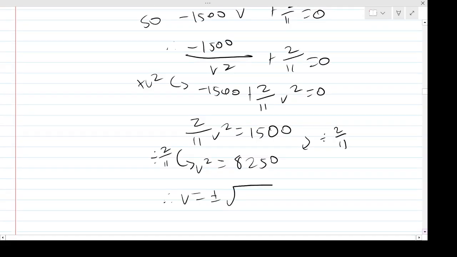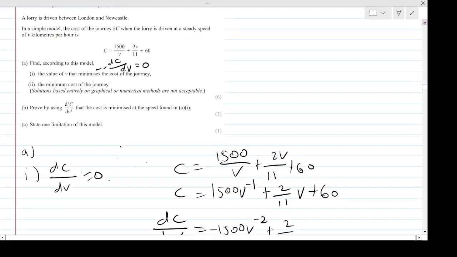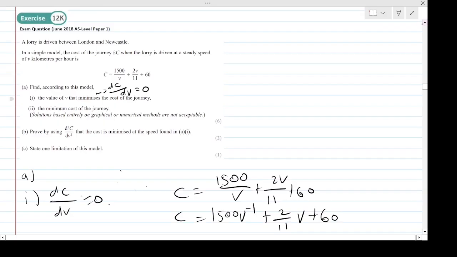So v is going to be the root of that, plus or minus root of 8,250, which will get me 5 root 330 simplified in my calculator. But again, plus or minus, it can only be positive, because it's a speed.